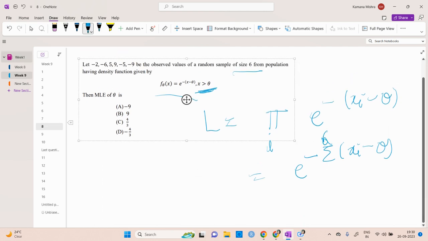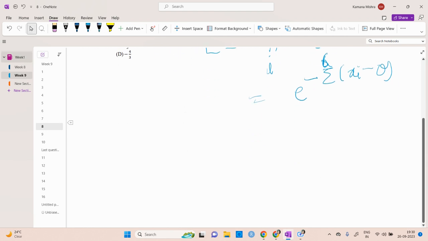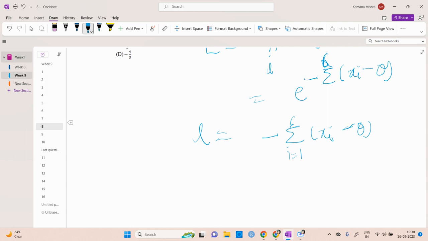So this is from 6, i is equal to 1 up to 6. Okay, now we can take log, so it will be small l. So it will be minus summation i from 1 to 6 of (xi minus theta), right?